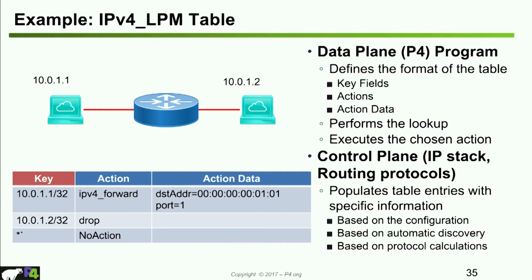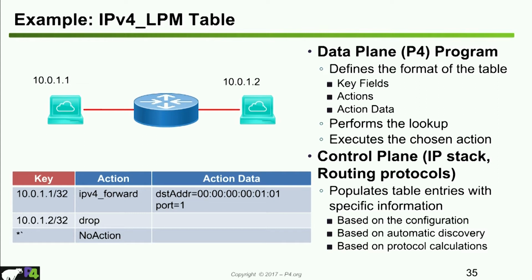I just want to take a moment to highlight the distinction between the data plane and the control plane. The data plane, which is described in P4, defines the format of the table. So it's the keys that you're matching on, the actions that can be invoked, the action data, and it performs the actual lookup and executes the chosen action.